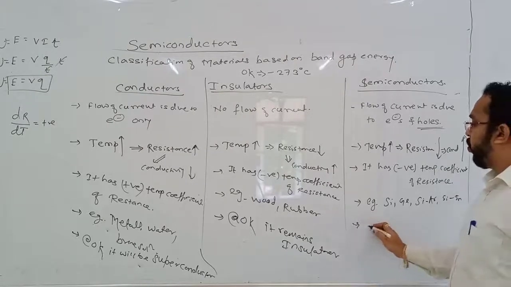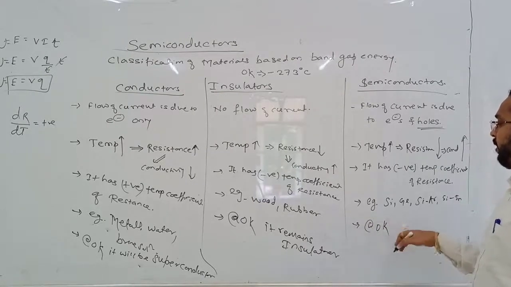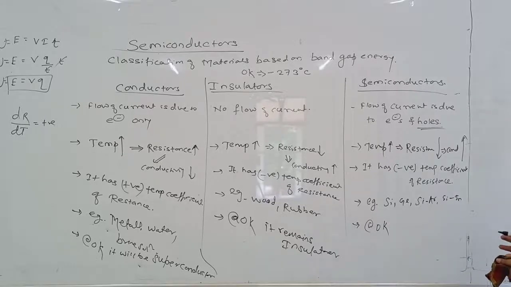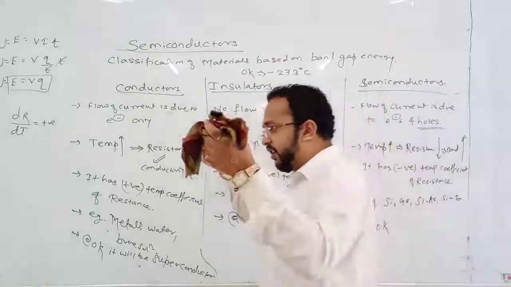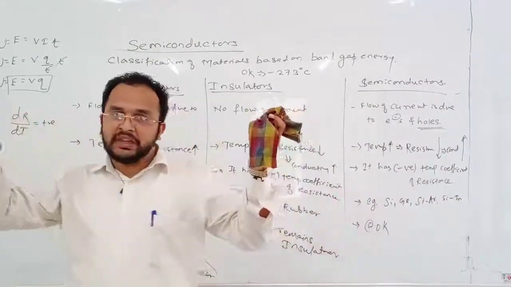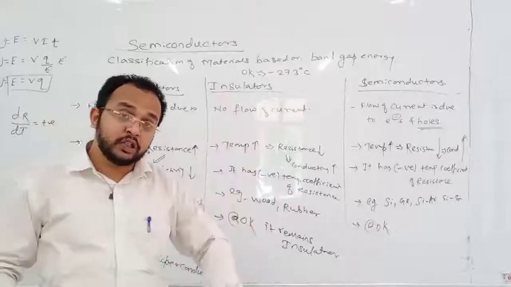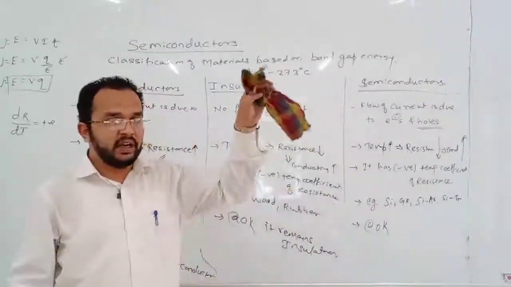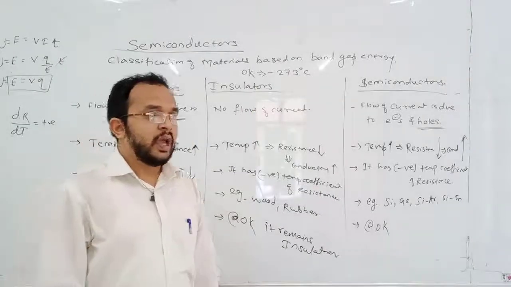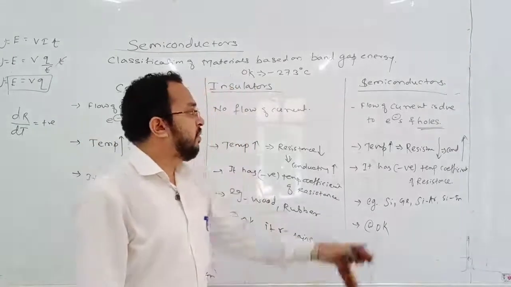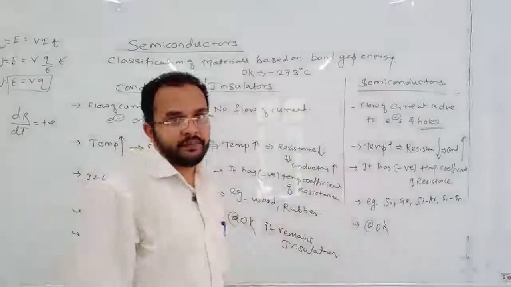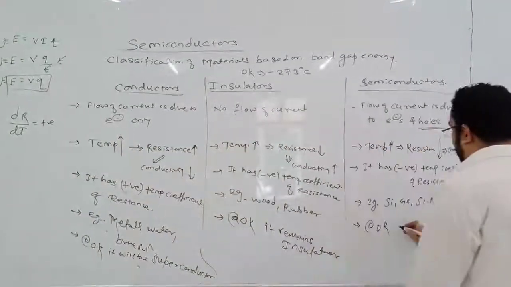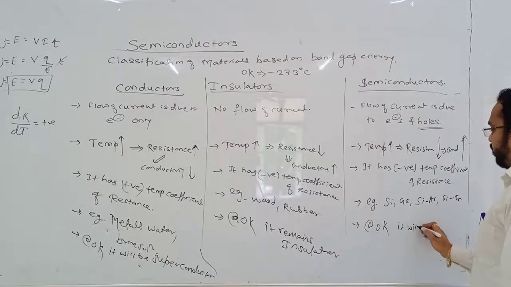Okay, at 0 Kelvin, what will happen? See temperature increases, conductivity increases. As temperature decreases, conductivity will also decrease. So at 0 Kelvin means you are decreasing the temperature, hence conductivity also decreases. So as conductivity decreases, the semiconductor becomes an insulator. So at 0 Kelvin, it will become an insulator.